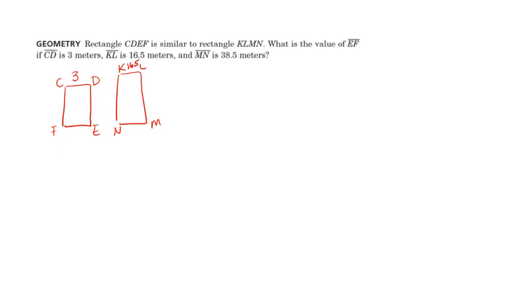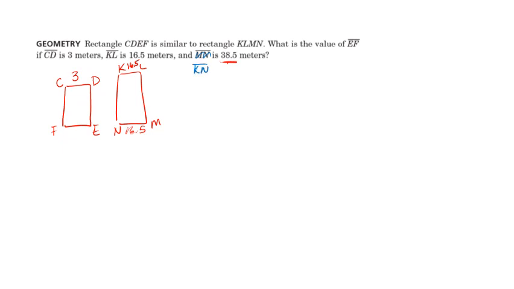I remember now in this problem. They have a misprint here because if this is a rectangle, MN couldn't be 38.5. It would have to be 16.5. Those two would have to be the same. So that's a little bit of a misprint. So I'm going to have you guys change this from MN. We're going to change this to KN.